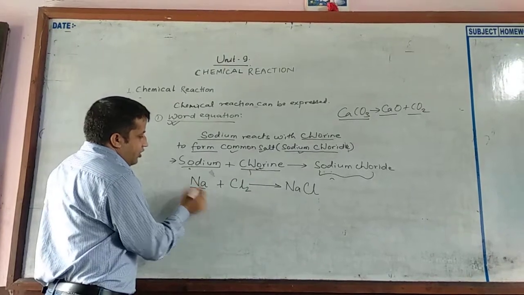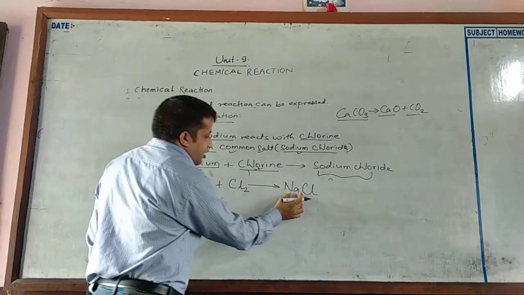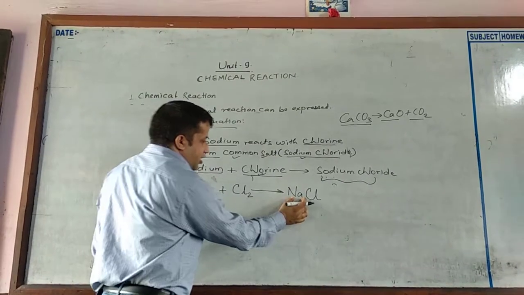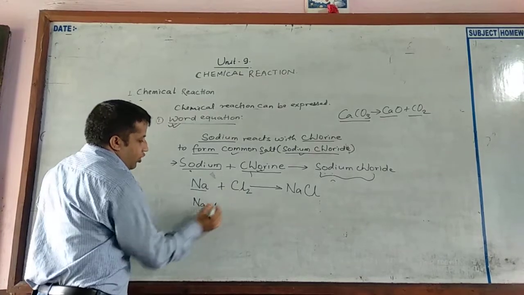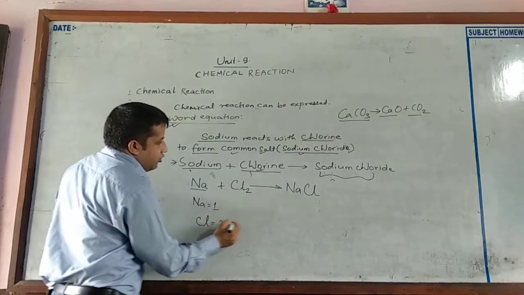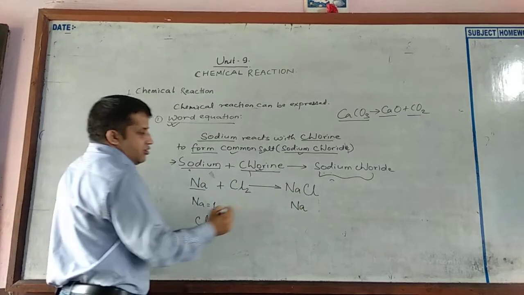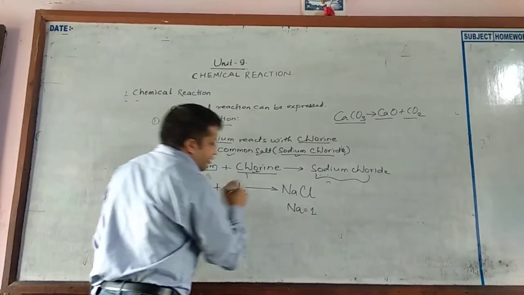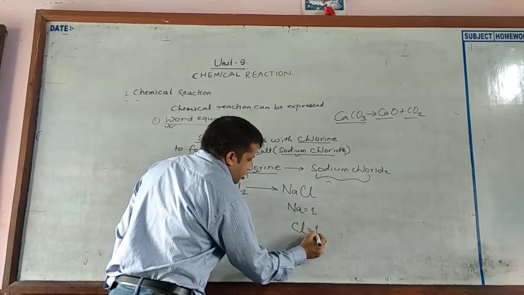Now sodium in the reactant side is single, and here it is single. That is, the number of sodium here is 1, chlorine here is 2. On the product side, sodium is only 1, and chlorine is also 1.